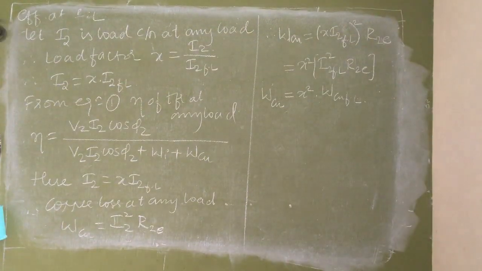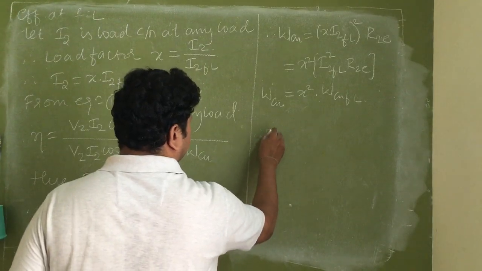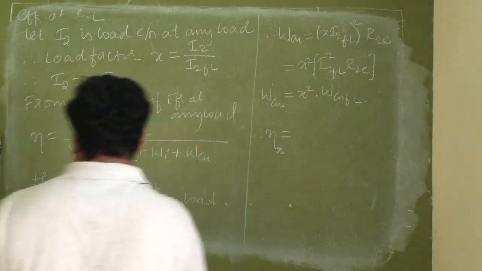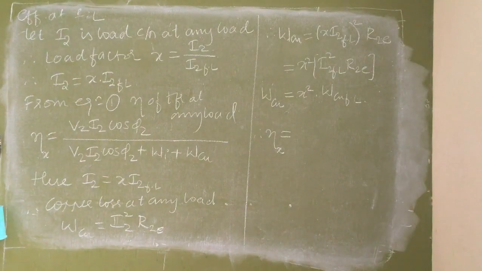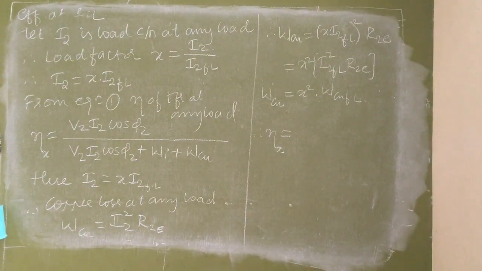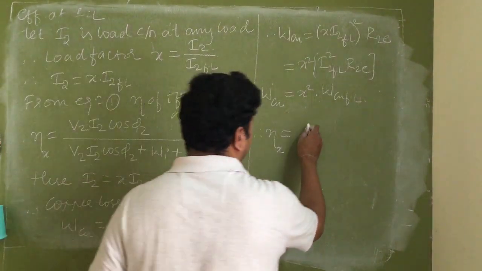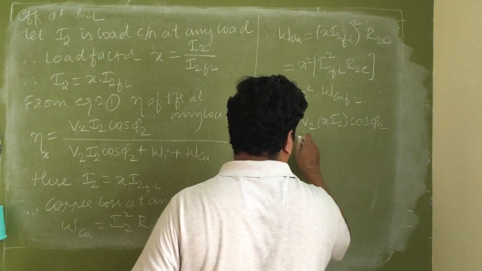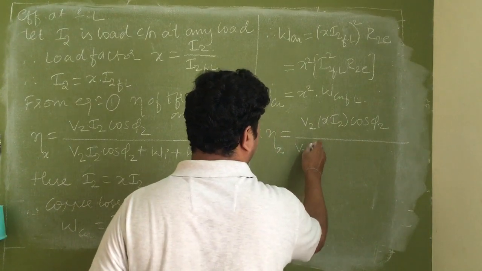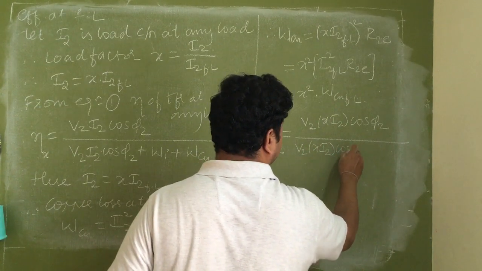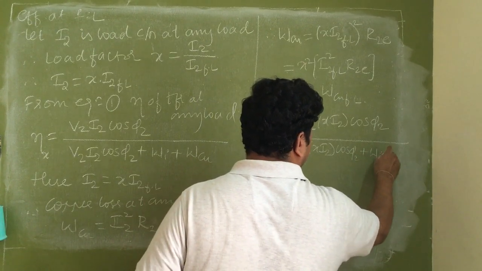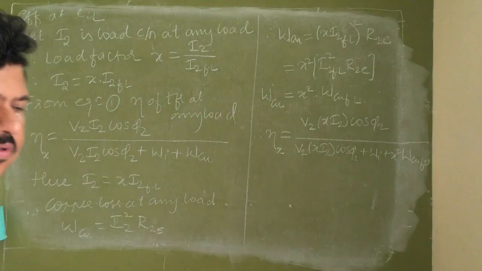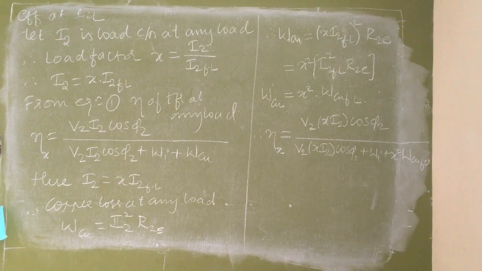Here x is the load factor. Therefore, efficiency at any load, eta x, is given by V2 into x I2 cos phi 2, divided by V2 into x I2 cos phi 2 plus Wi plus x square W_cu full load.